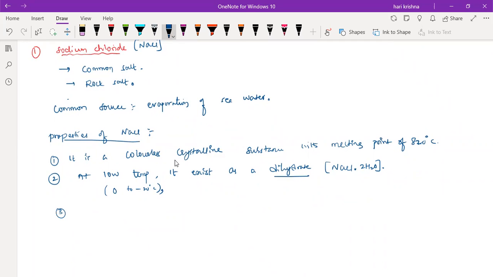It is slightly hygroscopic in nature. What is the meaning of hygroscopic? When you keep the common salt in the open atmosphere, what will happen? Whether it will absorb the water or not.